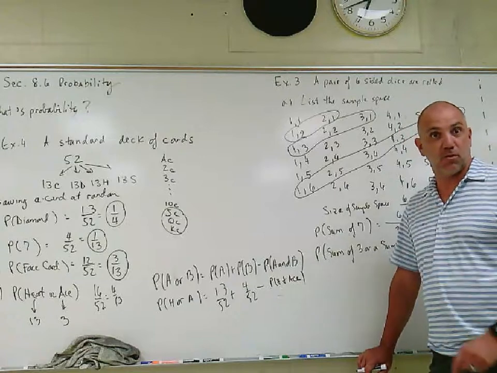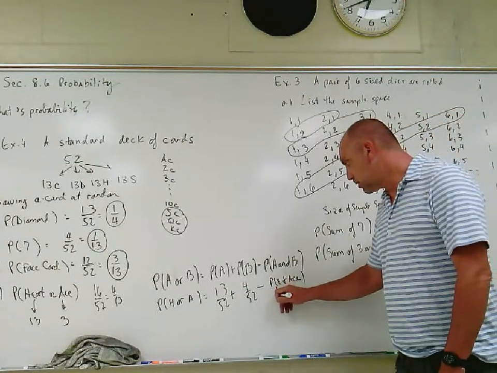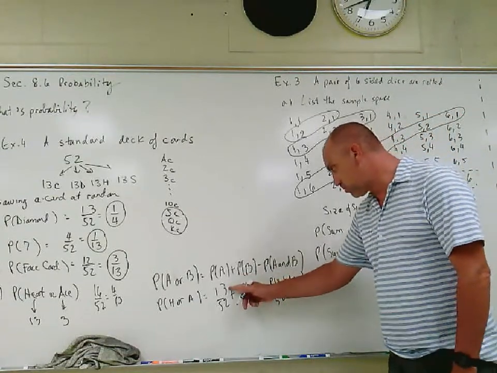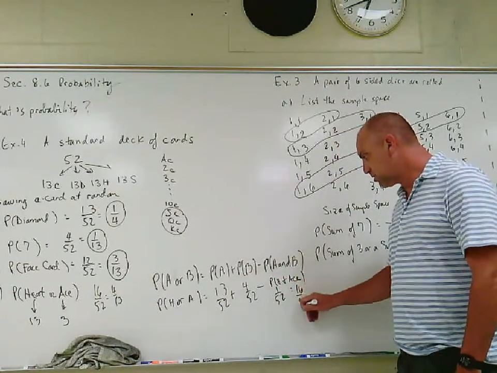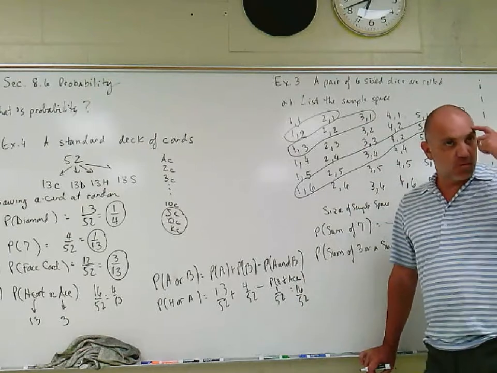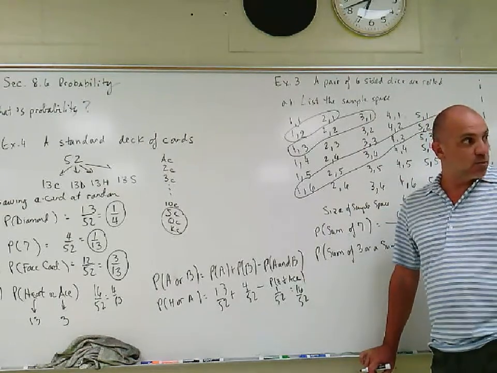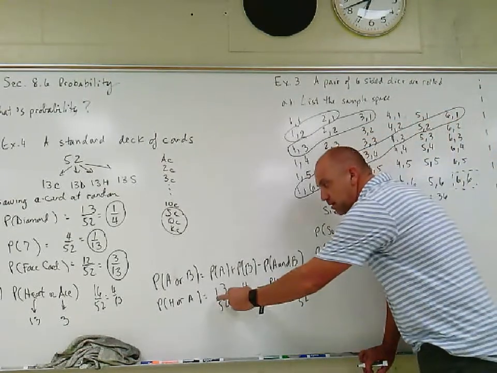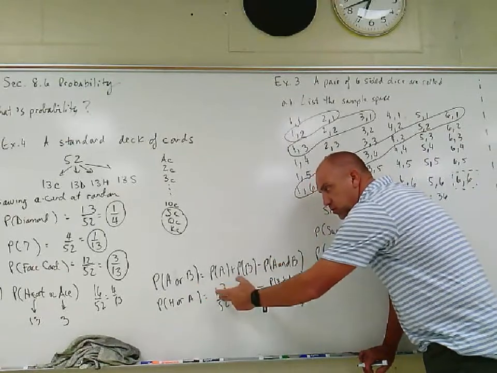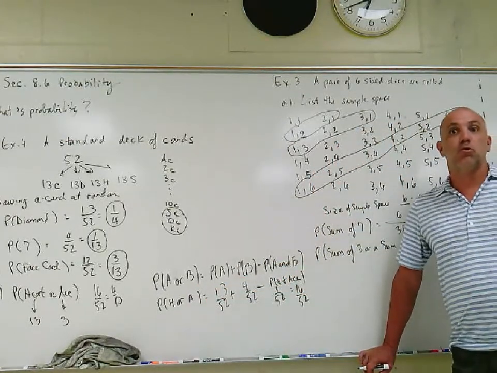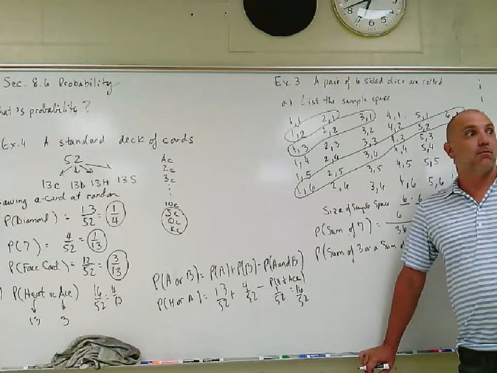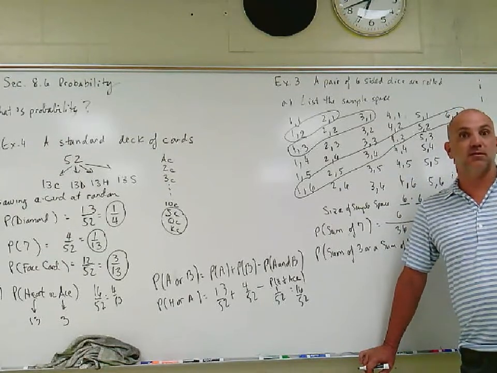And how many of those are there? 1. So that's 1 out of 52. So 13 plus 4 minus 1 gives you 16 out of 52. Or you can just mentally know to not count that one twice. Basically, what's happening here is one card is counted twice. So we subtract that one card off. Or you just mentally know to not count it twice and make it 16 out of 52.